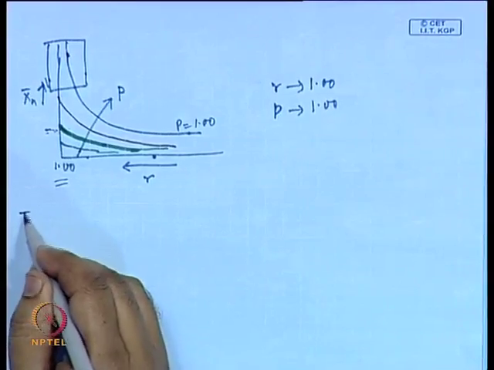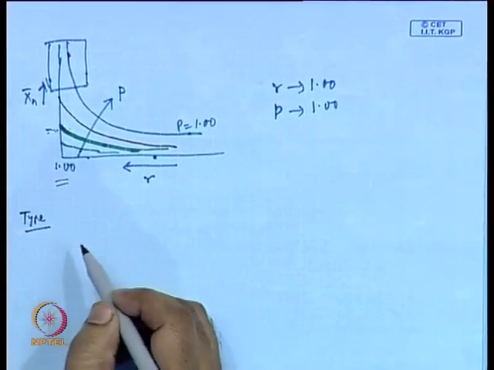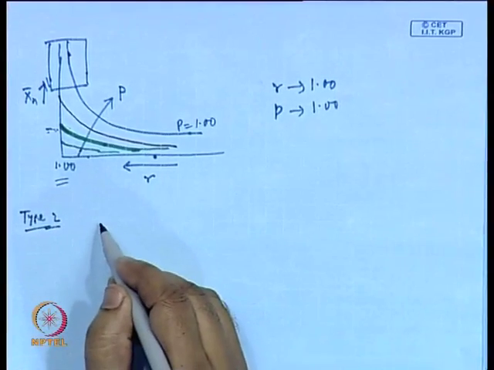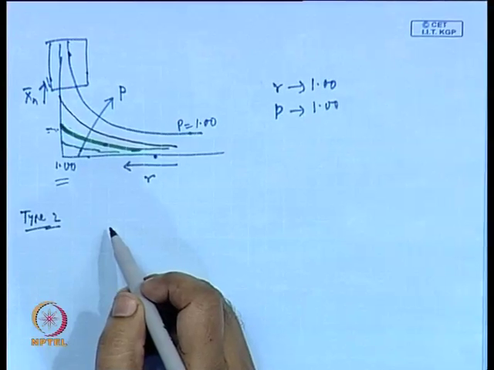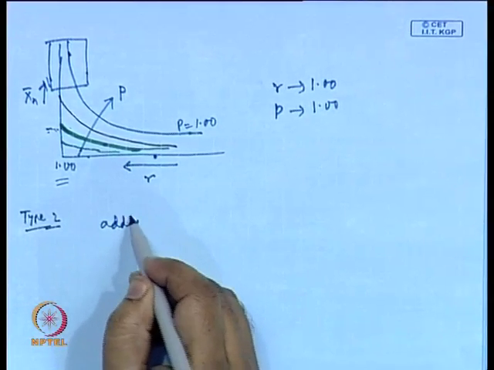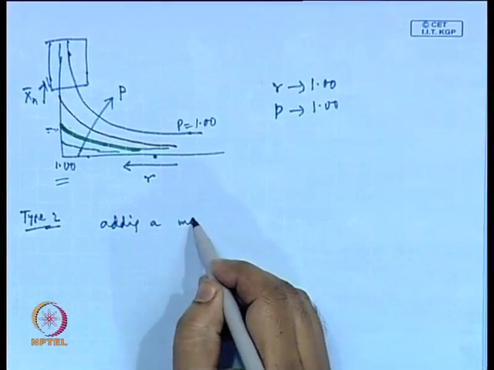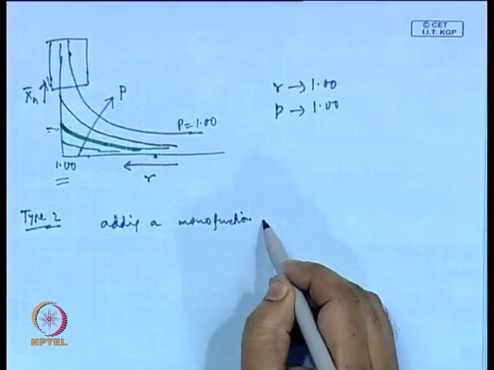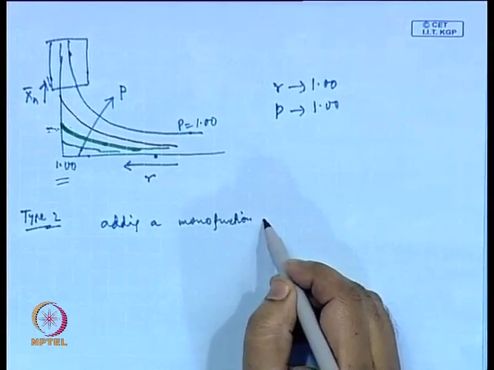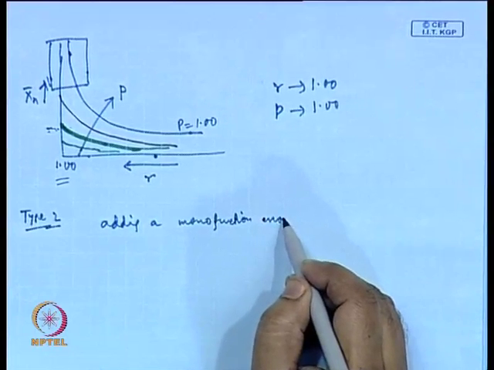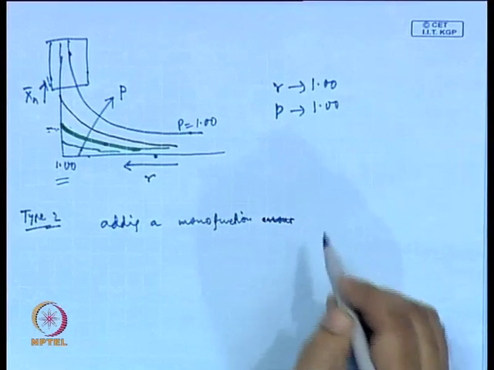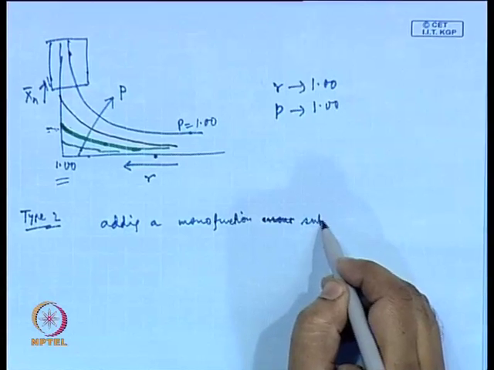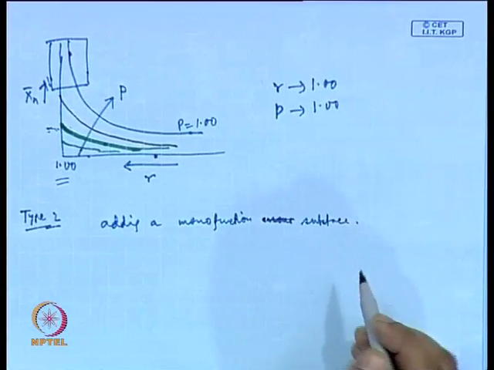Now, there is a second strategy we discussed, type 2, where earlier was type 1, where we said that we can control the molecular weight by adding a monofunctional compound or monomer, whatever.